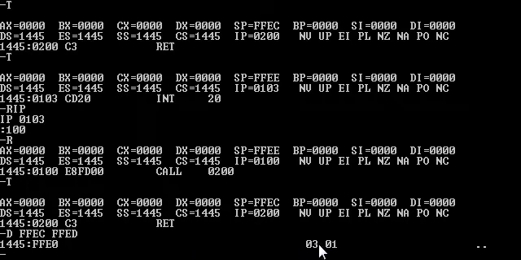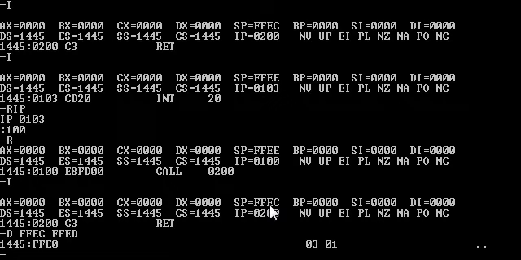Now how did it know to look there? Well, look here. FFEC. This thing, now you know what this S is probably about, is called the stack pointer. And what it points at is the last thing that was, what they call, pushed on the stack.